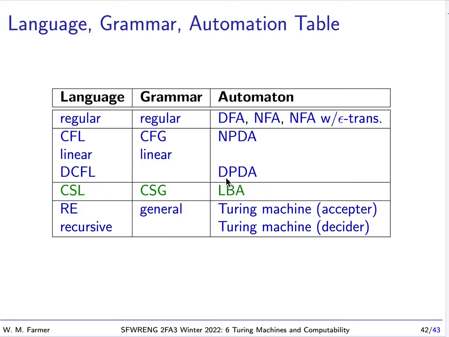Those are languages that are accepted by deterministic push-down automata. And another very important subset of recursively enumerable languages are recursive languages. These are languages that are accepted by total Turing machines. Because they are accepted by total Turing machines, the Turing machine not only accepts the language, but it's a decider. It can decide whether a given string is a member of that language or not.